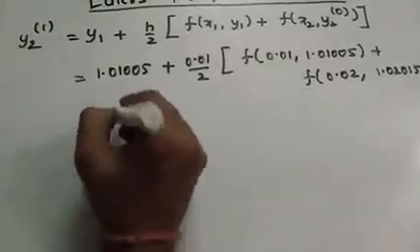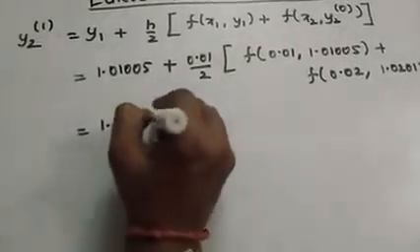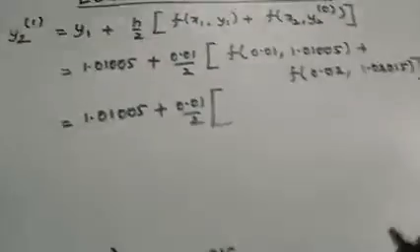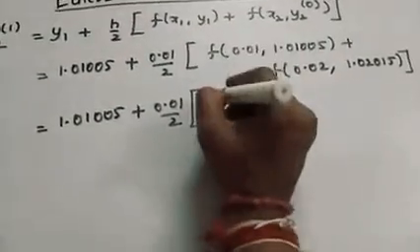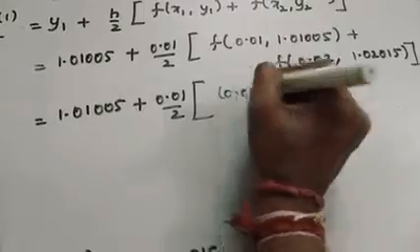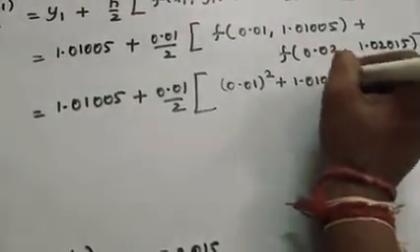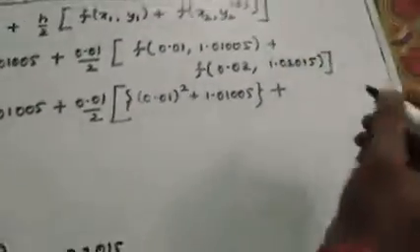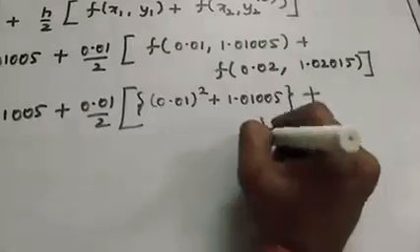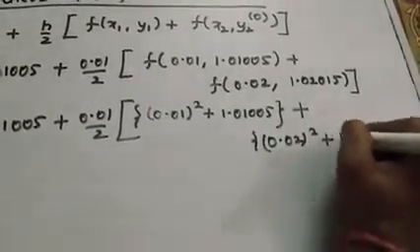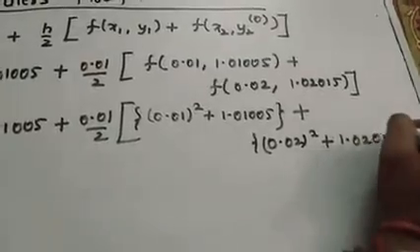Now putting into the function x square plus y: 0.01 whole square plus 1.01005, plus 0.02 whole square plus 1.02015.